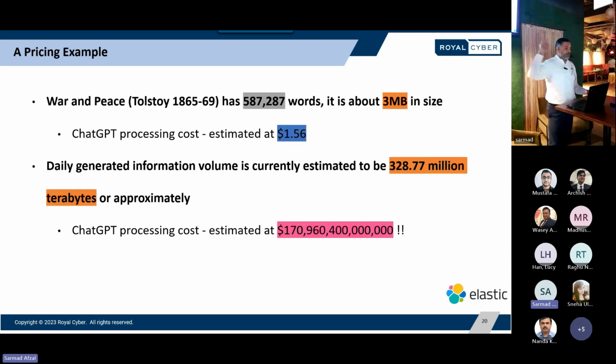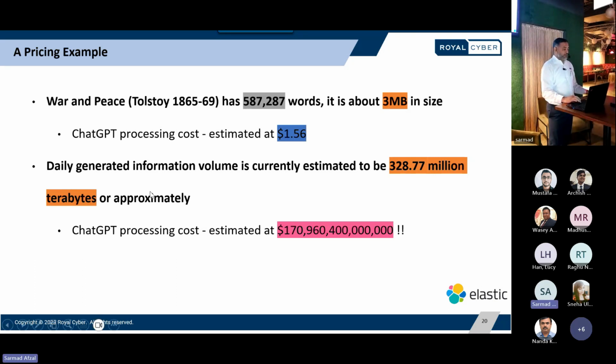How many people have read the book War and Peace? War and Peace has about 587,000 words. If you want to train War and Peace on a large language model, it will cost you about $1.56.